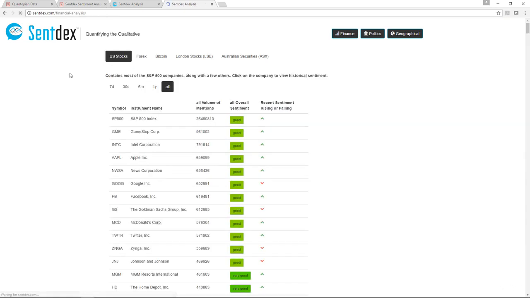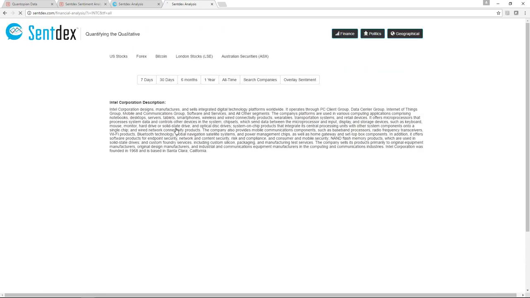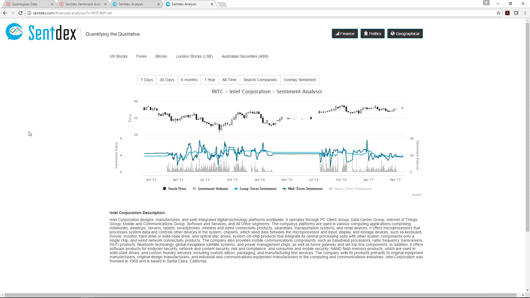If you look at US stocks, just to understand our raw data a little bit, it's worthwhile to walk through this to understand what the data looks like in its original platform, before we import it into research, so that we get some rough idea. Let's just say we look at Intel. If we select that, you can look at the so-called raw data.